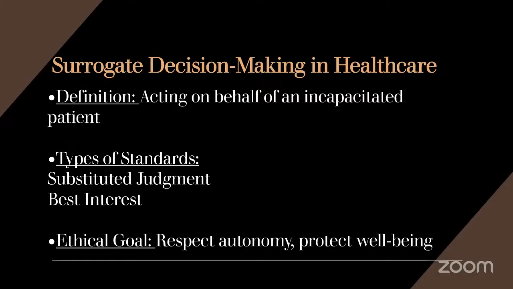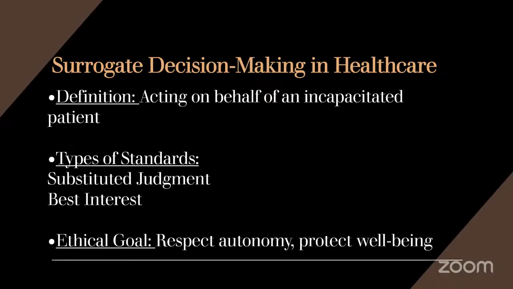Now, when no advance directive or healthcare proxy exists, most jurisdictions follow a fairly consistent hierarchy of surrogates. At the top is a court-appointed guardian, if one exists. Next is durable power of attorney for healthcare. This is a patient-chosen agent.